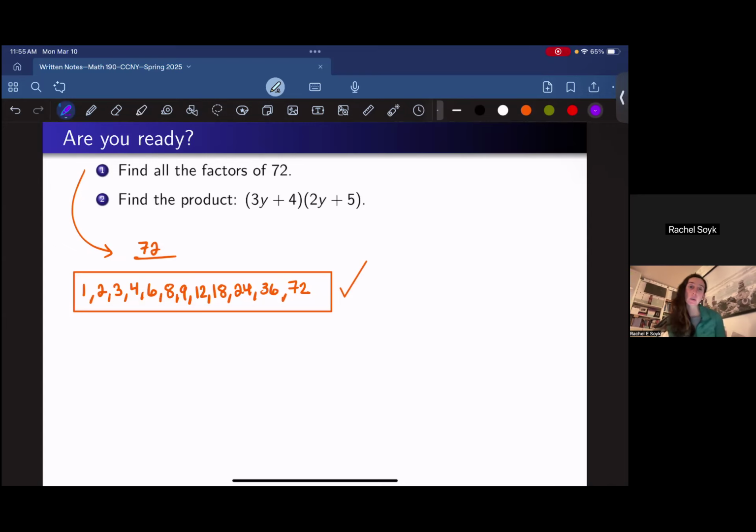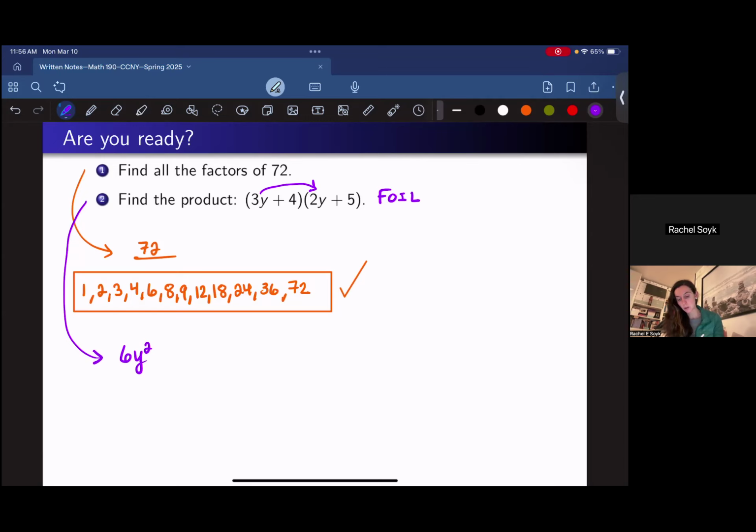The second warm-up question is simply finding the product of these two binomials. We want to utilize our FOIL method here: first, outer, inner, last. We multiply 3y times 2y for our first, and that gives us 6y squared.